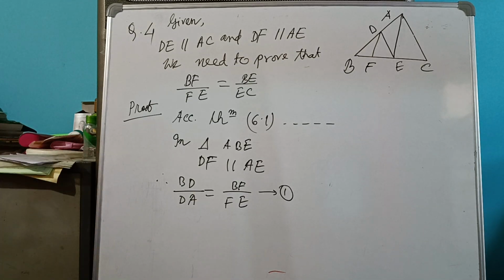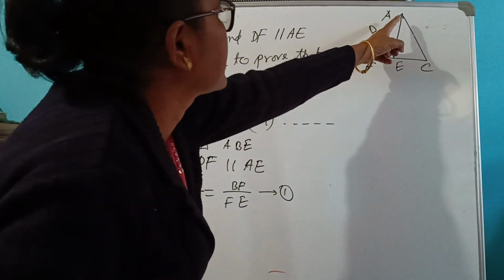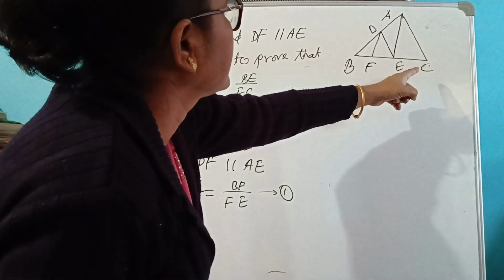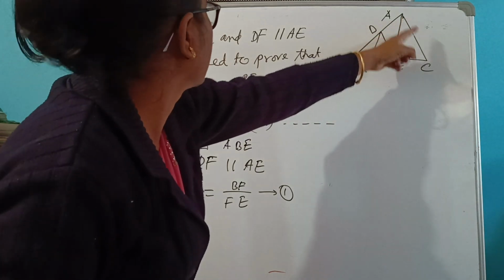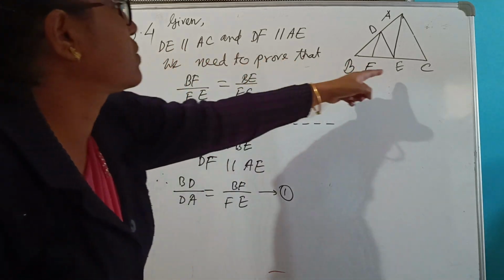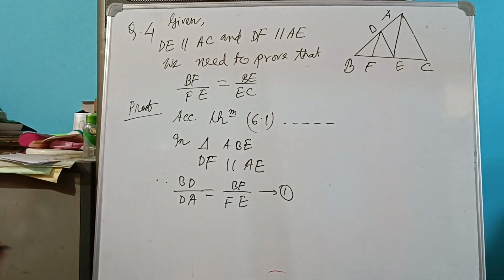Okay. Similarly, you take the triangle ABC. Now, in triangle ABC, what is the condition given? DE parallel to AC. So write down.